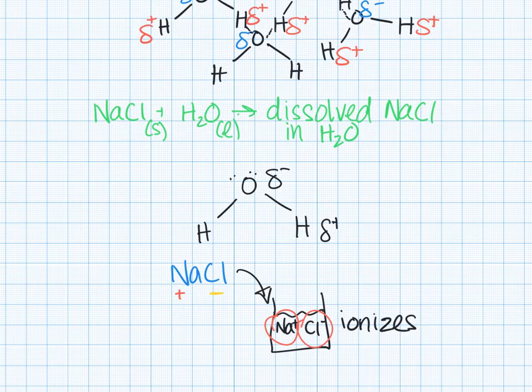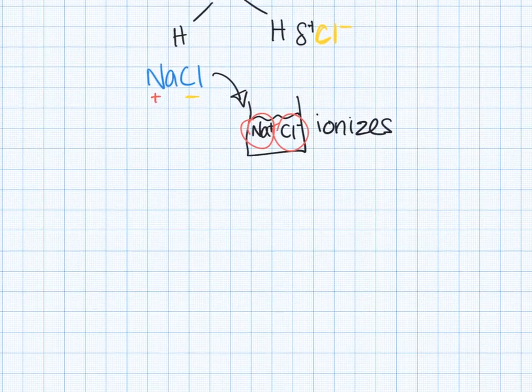Because remember, again, that water has an uneven charge distribution. Therefore, the sodium will interact at the partially negative end of the water molecule, whereas the chloride will interact with the partially positive end of the water molecule. And it will actually look something like this.